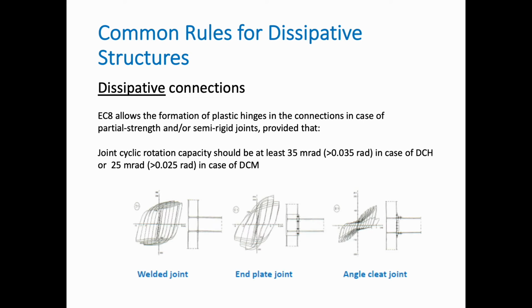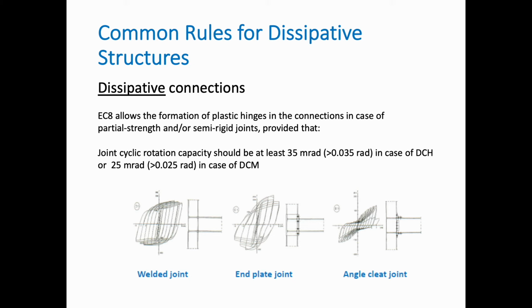Coming to dissipative connections, of course, we're looking here at the hysteretic, the cyclic performance of the connections. Eurocode 8 allows the formation of plastic hinges in the connections in the case of partial strength and/or semi-rigid joints, provided that the joint cyclic rotation capacity should be at least 35 mrad in case of high ductility, high dissipative capacity, or 25 mrad in case of medium capacity.